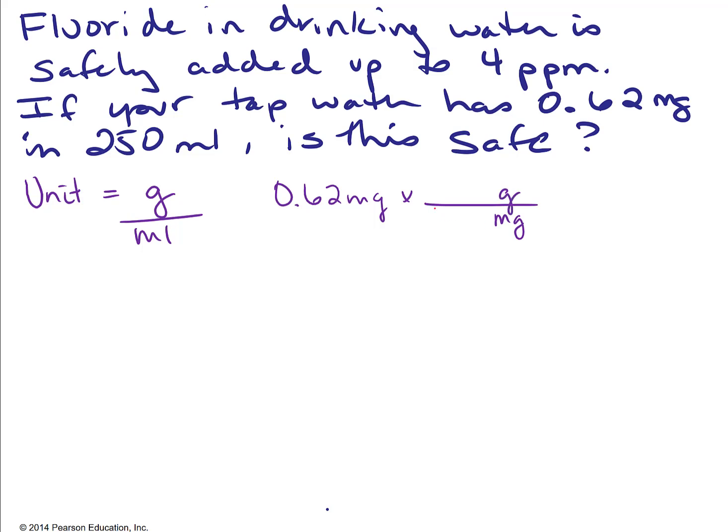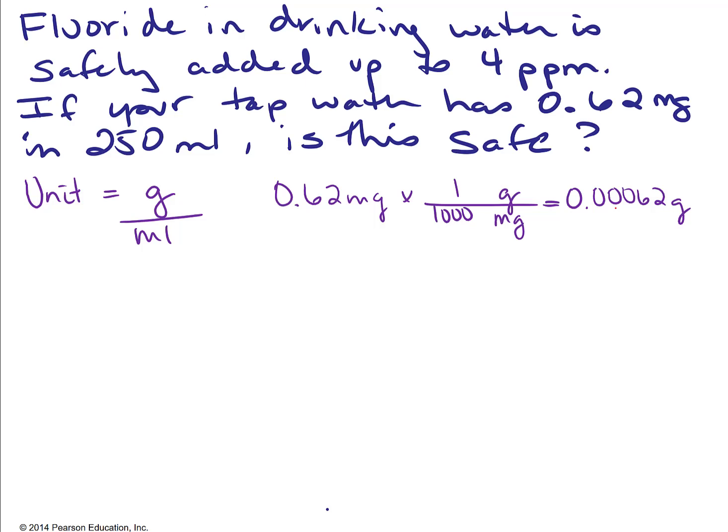Anytime that you see milli, put 1,000 in front. Grams gets the 1. So 0.62 divided by 1,000. Milligrams and milligrams will cancel. That gives .00062 grams.